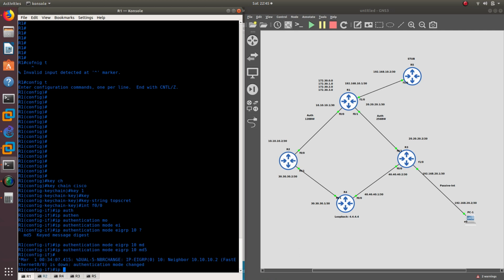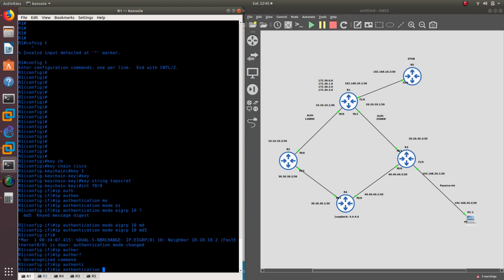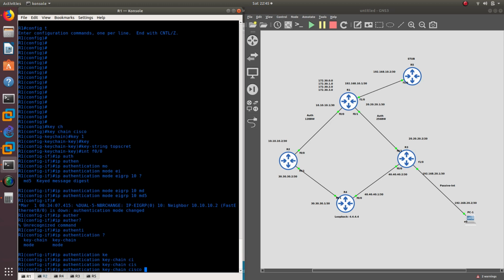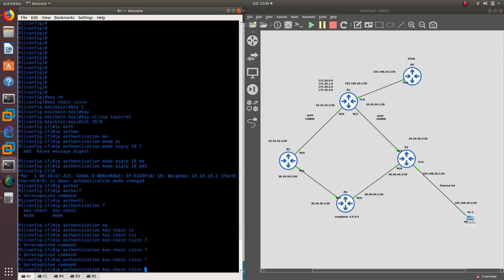Okay, so another command that you need to do is ip authentication key-chain. We are going to use the keychain that we named, which is Cisco. Keychain Cisco, I think I did that right.